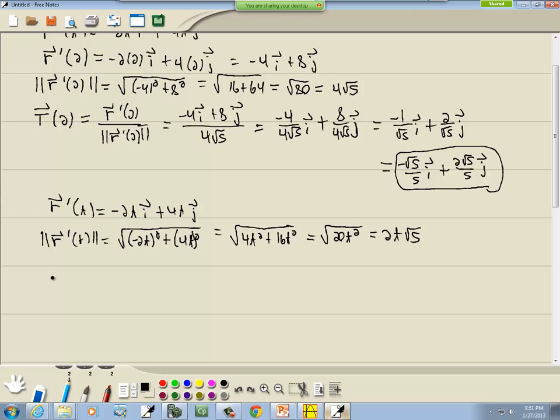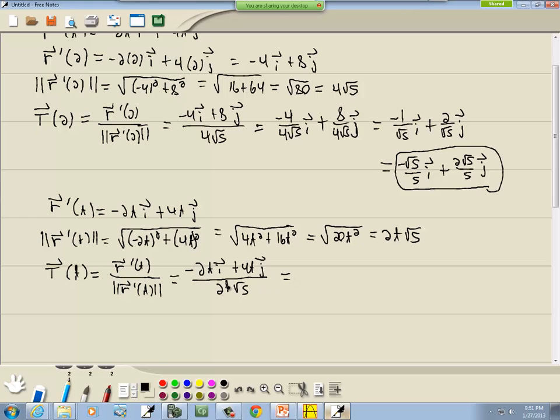Okay, so our tangent vector is going to be r prime divided by the magnitude of r prime. So we're going to have negative 2t i plus 4t j over 2t square root of 5.